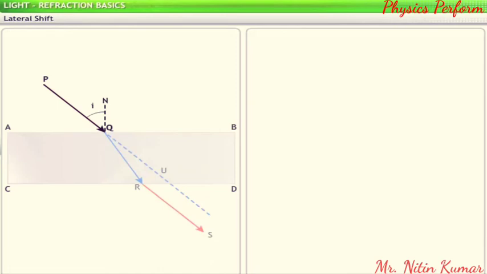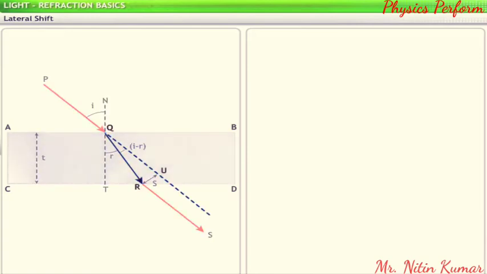Angle PQN is the angle of incidence of the light ray in air, represented by i. Angle TQR is the angle of refraction of the ray in the slab, represented by r. Hence, angle RQU represents the angle of deviation of the light ray when refracted into glass.